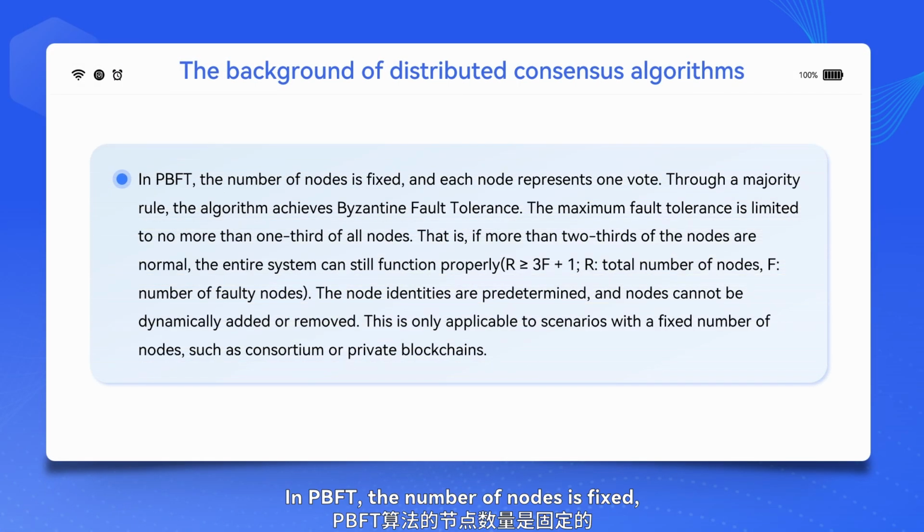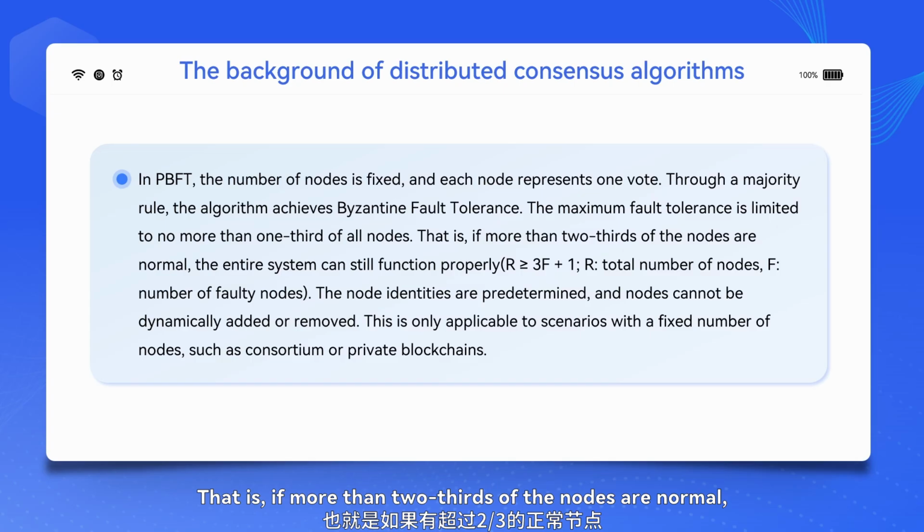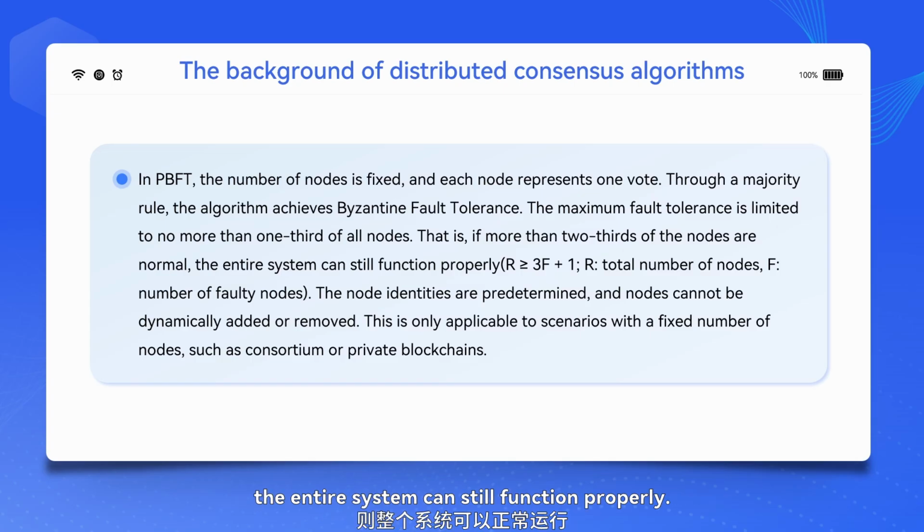In PBFT, the number of nodes is fixed, and each node represents one vote. Through a majority rule, the algorithm achieves Byzantine fault tolerance. The maximum fault tolerance is limited to no more than 1/3 of all nodes. That is, if more than 2/3 of the nodes are normal, the entire system can still function properly.